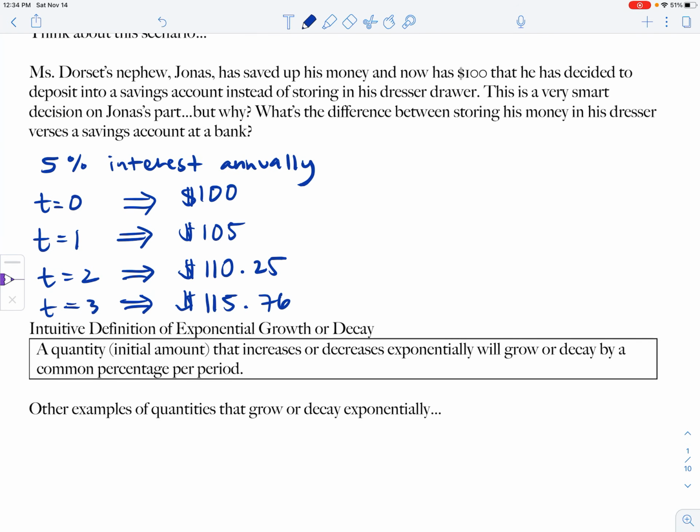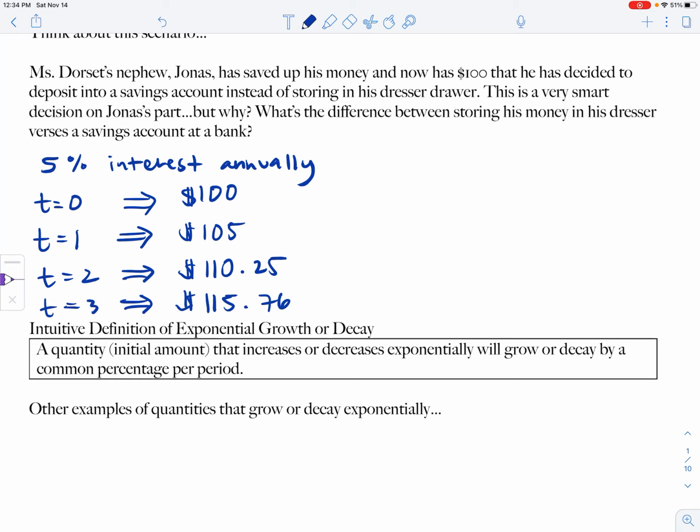Our intuitive definition for exponential growth or decay: that was an example of growth. Decay is if the initial amount is decreasing. If you have a quantity or an initial amount, which in the above example would be $100, that increases or decreases exponentially, it will grow or decay by a common percentage per period.